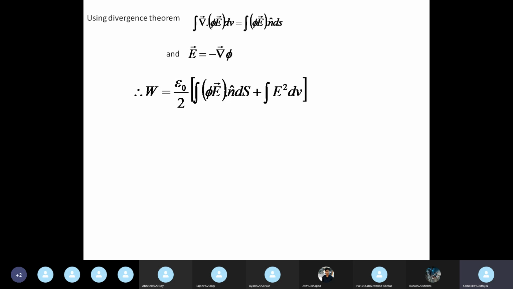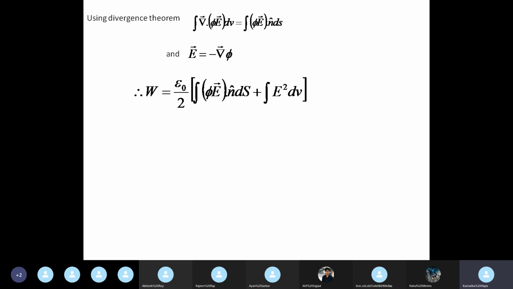If you want to increase this volume beyond the minimum necessary volume to trap all the charge, then the integral of E square will keep increasing if you keep on increasing the volume. So in that way, the surface term must keep decreasing in order that the sum remains intact. You understand what I'm saying?